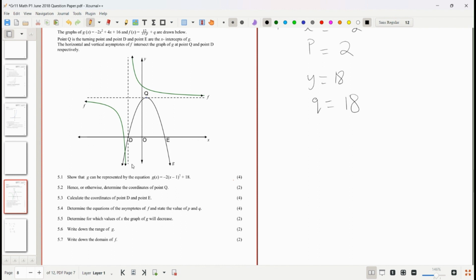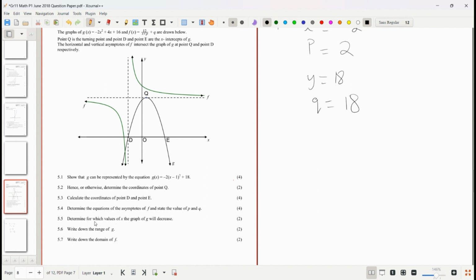Moving in this way, what's happening to the graph of g? We can see it's increasing here, here, here, up until it reaches this turning point. And then from here the values of g start to decrease.